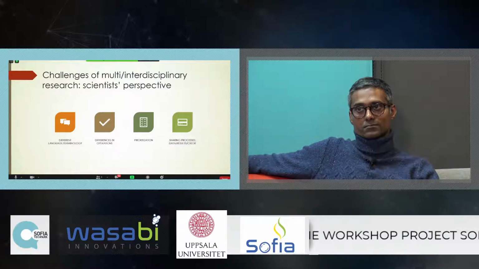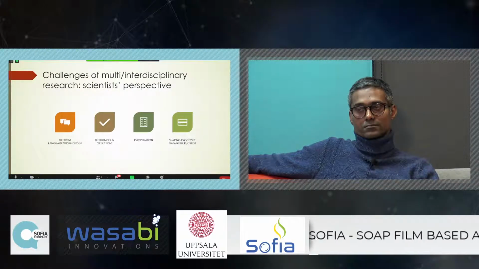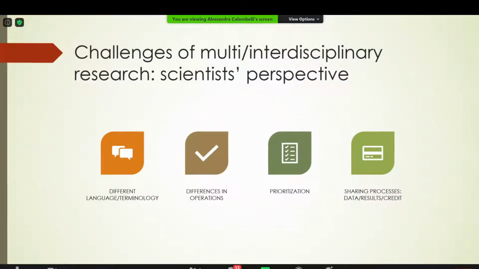Of course, this kind of research is also associated with some challenges, and one of the challenges is related to the use of different languages and terminology. Usually scientists find it difficult to communicate among different teams because of this different language.